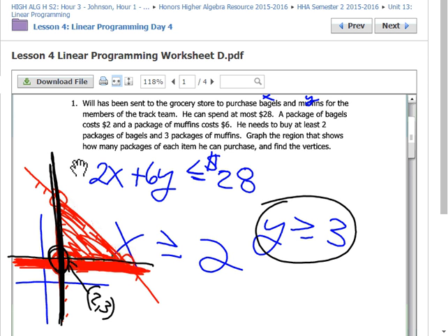Okay. This point here, that's where the line X equals 2 hits the line 2x plus 6y is less than or equal to 28. Again, you could use a calculator if you could tell it x equals 2, but we don't have an x equals screen. I really wish we did. We only have a y equals screen. So you got to use your brain, more powerful than any calculator.